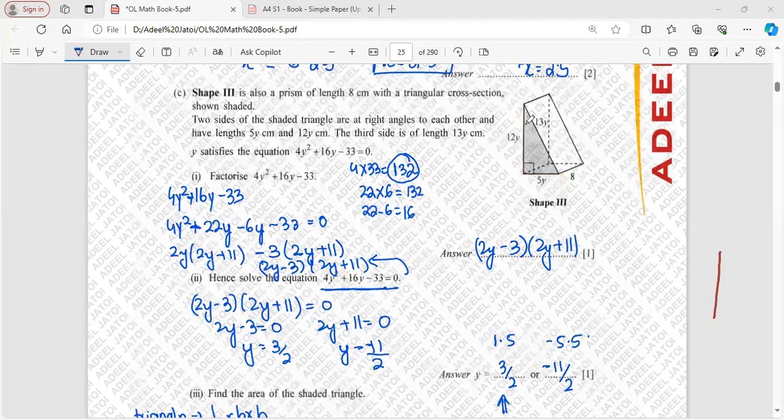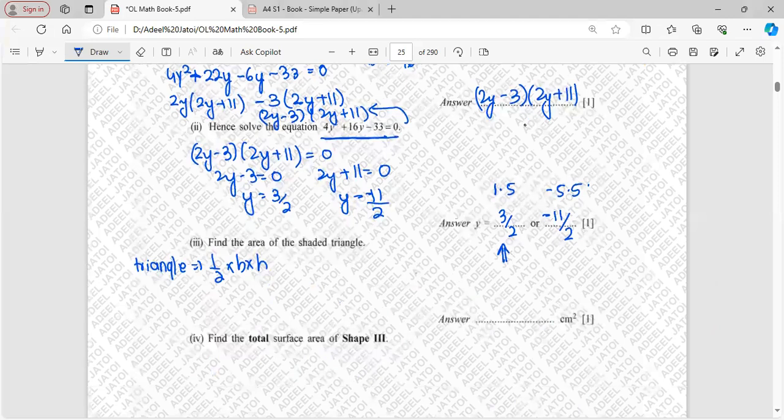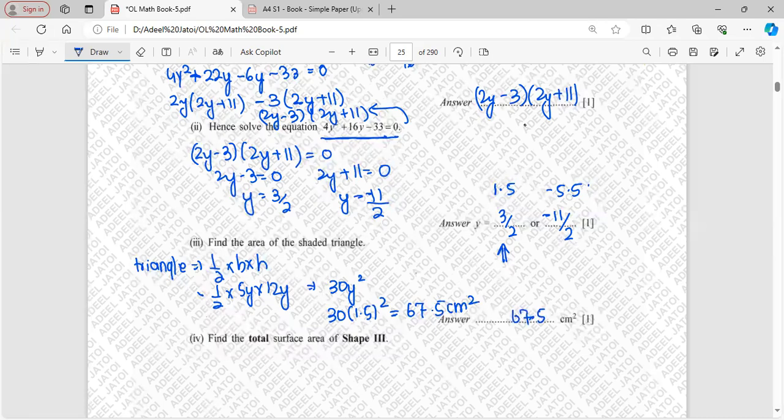So 5y multiplied by 12y. This is 1 upon 2 into 5y multiplied by 12y, which is 30y square. So 30 times 1.5 square, which will be 67.5 centimeters square. So in the end, 67.5 centimeters square is the answer.